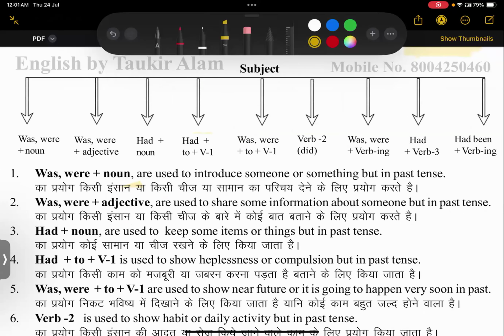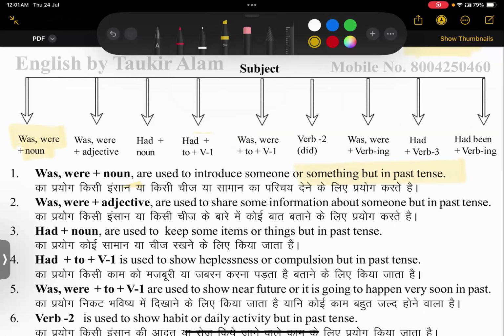The first one is was verb plus noun, and this structure is used to introduce anybody as someone in the past. If you want to introduce anybody, you can introduce, but in past.